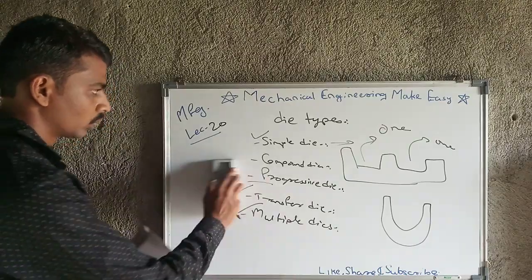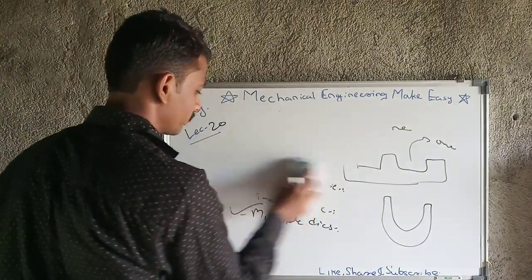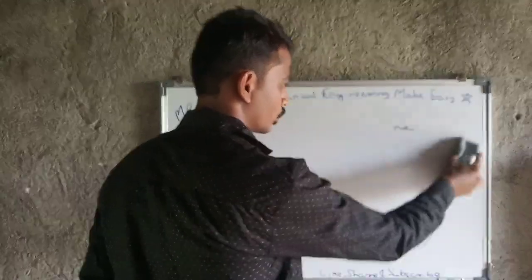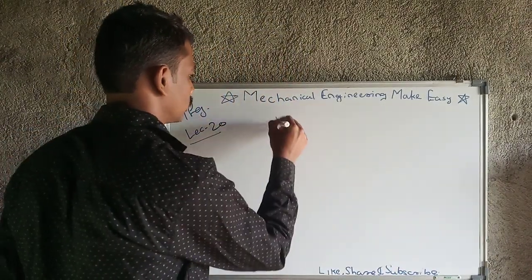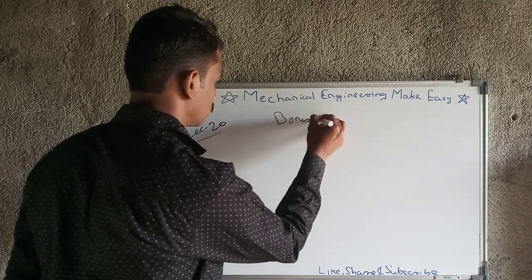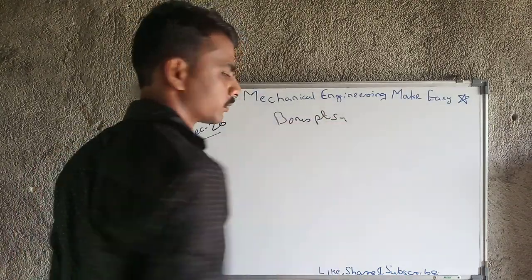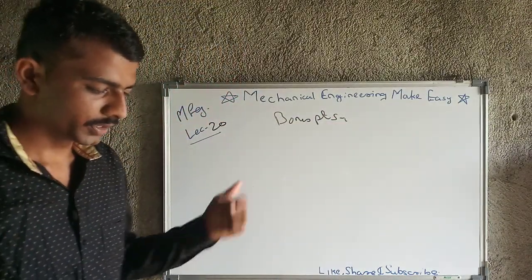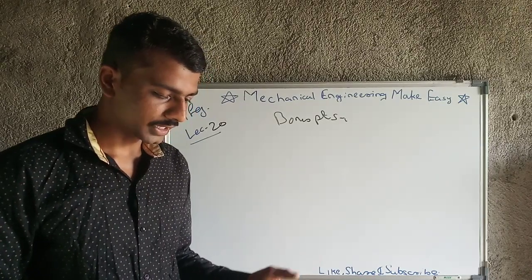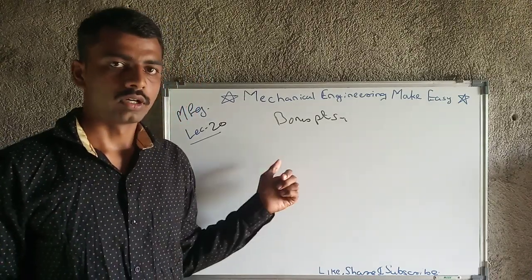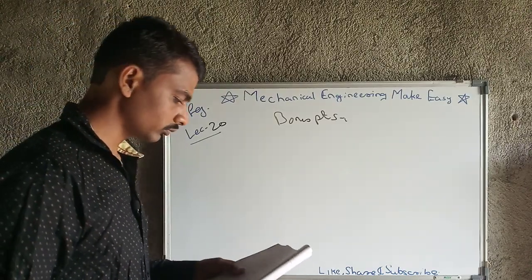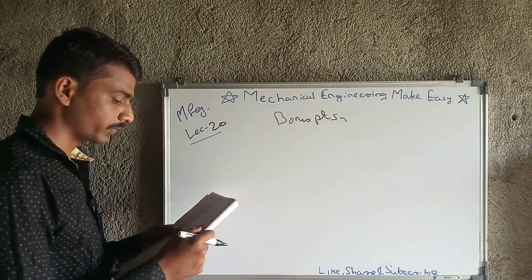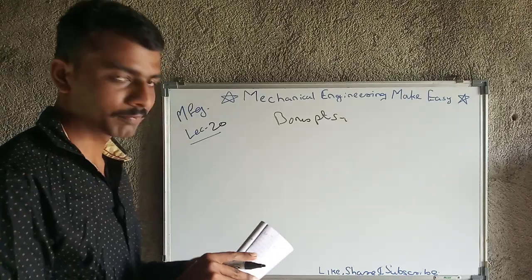Then we will move towards the next topic, which is today's bonus points. Bonus points for today's lecture. In the previous lecture we studied the strip layout and so on.